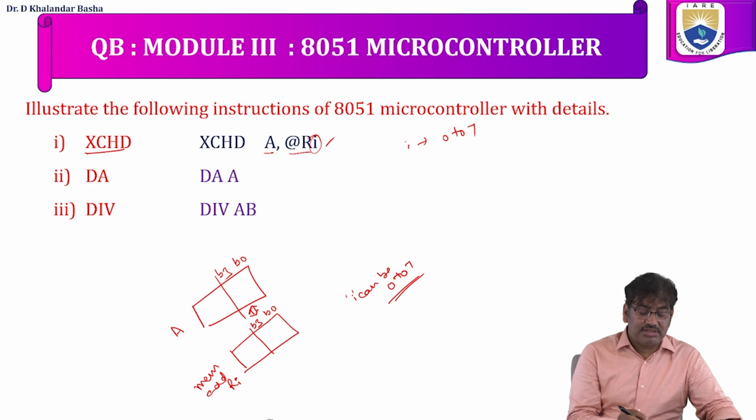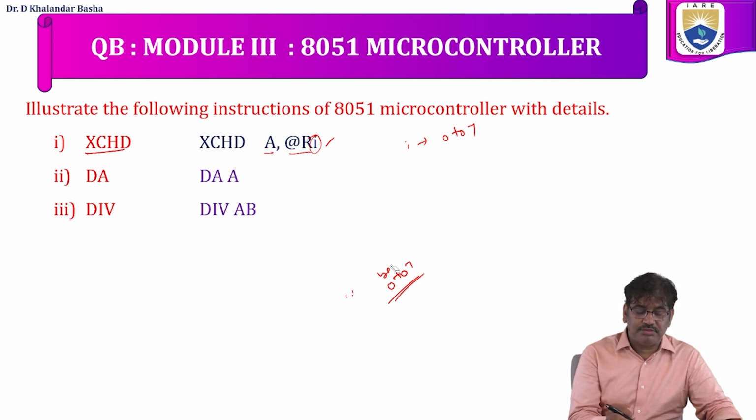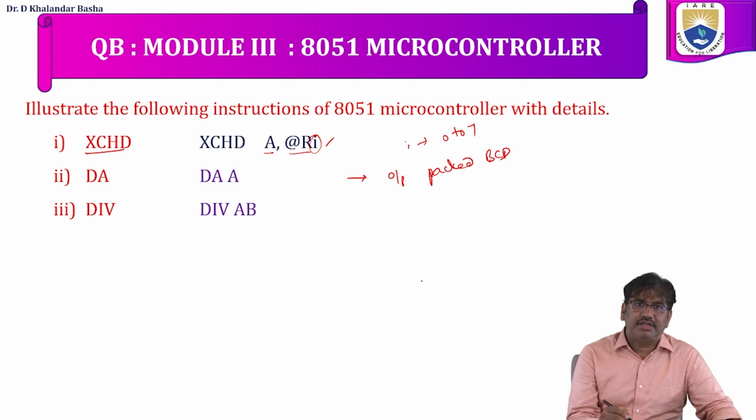The next instruction is DA, which is decimal adjust. The contents of the accumulator will be converted into packed BCD. Packed BCD means each and every digit of the BCD number will be represented with 4 bits.